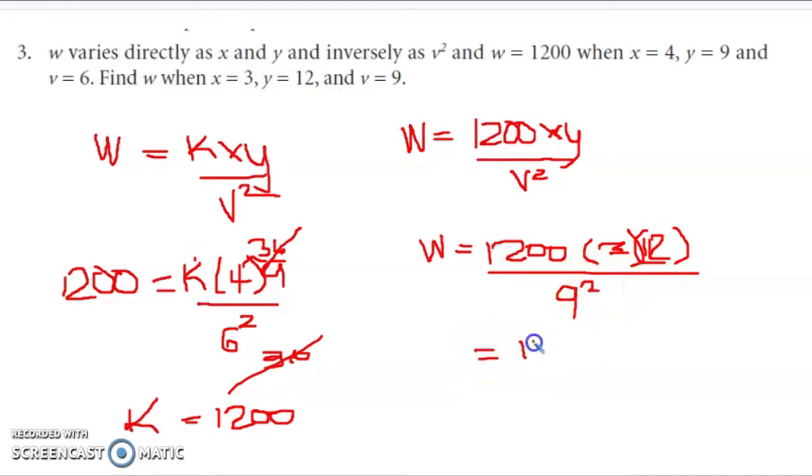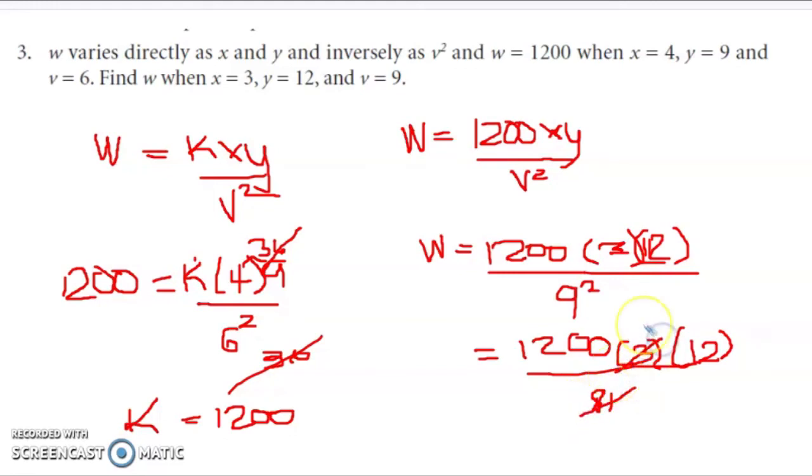Okay, so that would be 9 squared. Let us first simplify 9 squared. So 1200 times 3 over 12, times 12 over 9 squared is 81. Actually, we can already use cancellation of factors. If I divide this by 3, this will be 1.